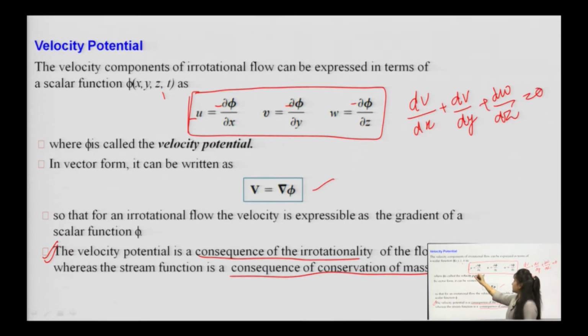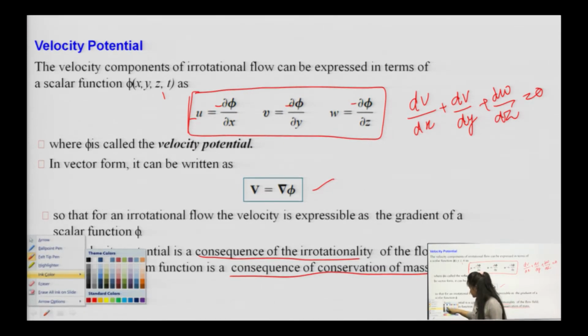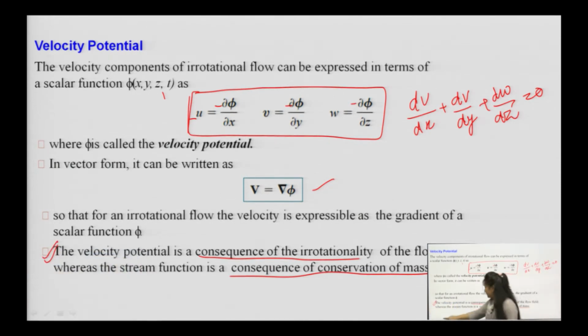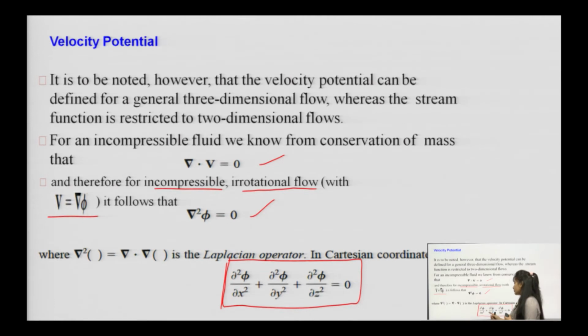So here we can replace u, v and w with the parameters given by psi, and after substituting these values it again comes in the form of the Laplace equation. If psi exists, then it should satisfy the Laplace equation.